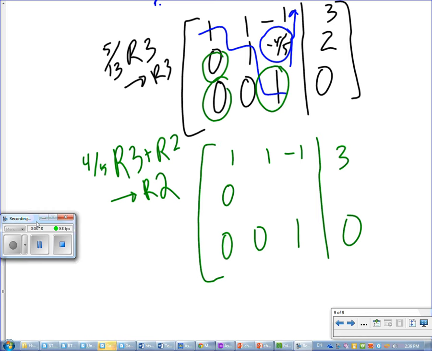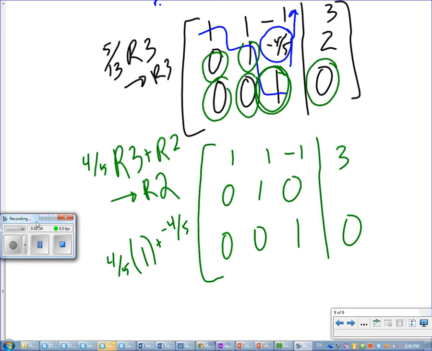Not too bad. 4/5 of 0 plus 1, still 1. 4/5 of 1 is 4/5 plus negative 4/5 is 0. And then the last column, 4/5 of 0 is 0 plus 2 is 2. See, those fractions nicely went away. How kind of them. So let's keep going up the staircase.